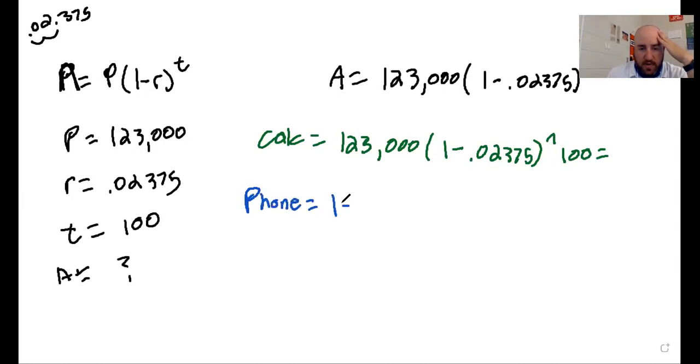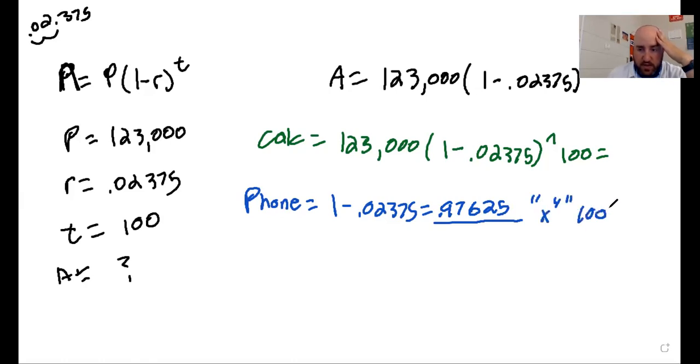For your iPhone or Android, let's see here, it would be 1 minus 0.02375 equals, and that would spit it back out at you 0.97625. You would hit X to the Y, 100 equals, let's see what that would give you. It should give you 0.090386733.